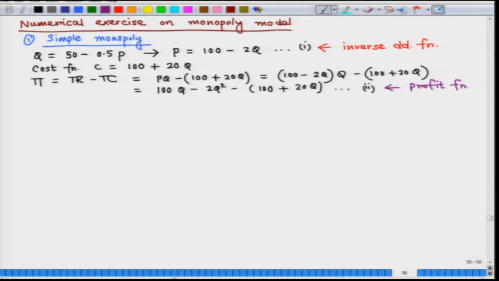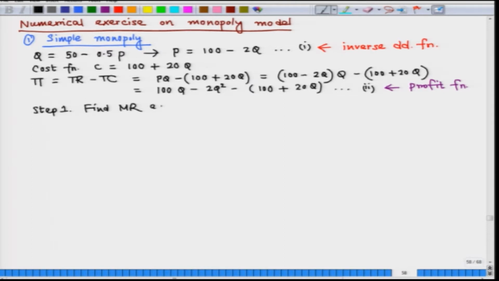Okay. So, now we are going to study the steps which are required to get the solution to this particular problem, right. So, we will start with step number 1, and in step number 1 we need to find out the marginal revenue curve, right, because the first order condition of monopoly's equilibrium requires MR equal to MC, right.